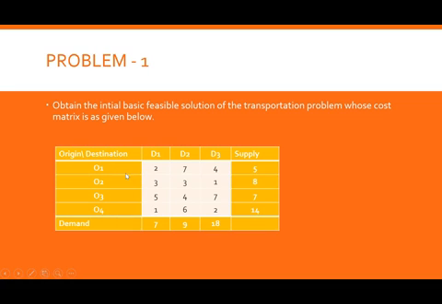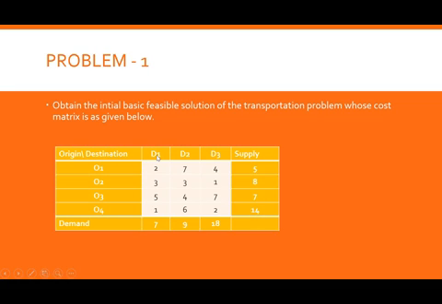The supply capacity of each origin is given in the supply column. O1 has a capacity of 5, O2 has a capacity of 8, O3 has a capacity of 7, O4 has a capacity of 14.